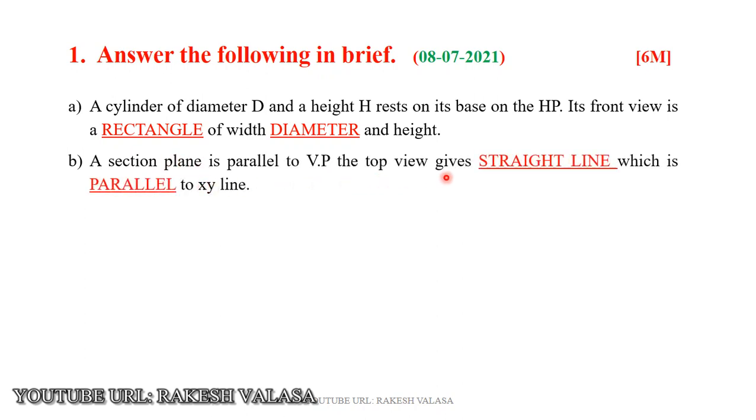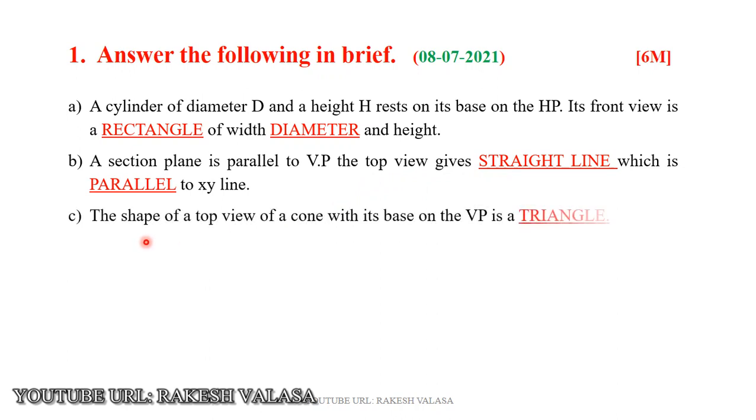The top view gives a straight line which is parallel to the XY line. Question number C. The shape of the top view of a cone with its base on the VP is a triangle. Question number D. Write the command for polyline. The shortcut key is PL. Here P means poly, L means line.